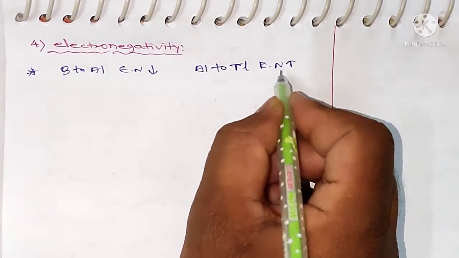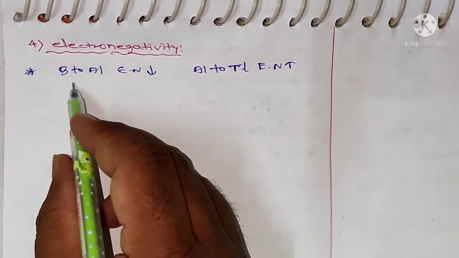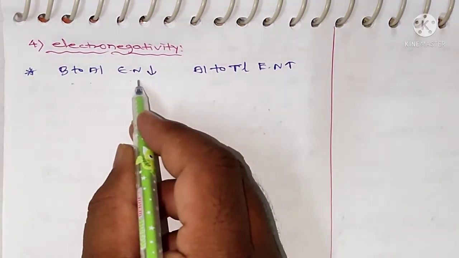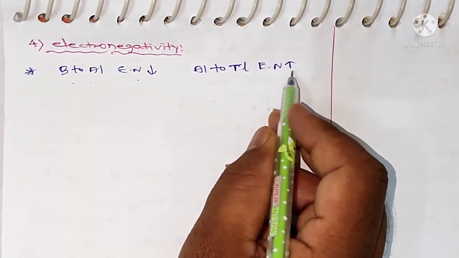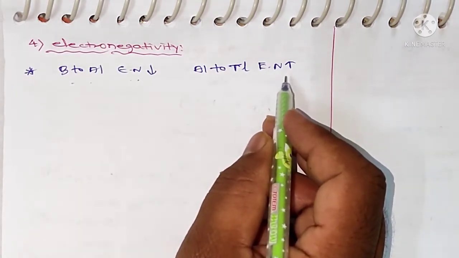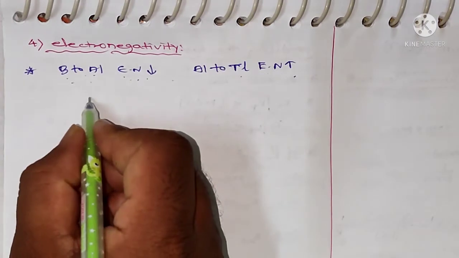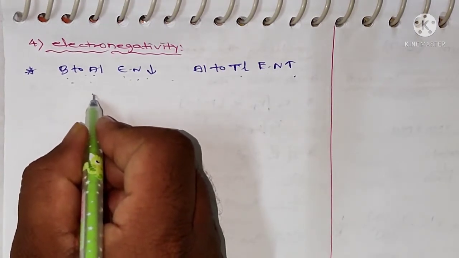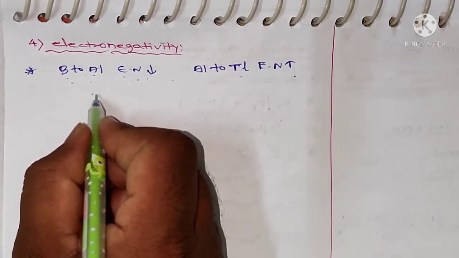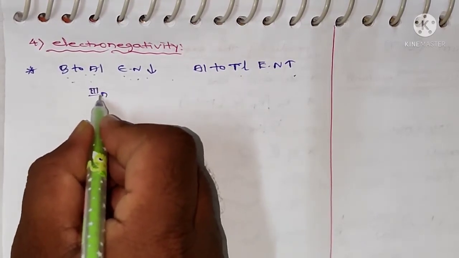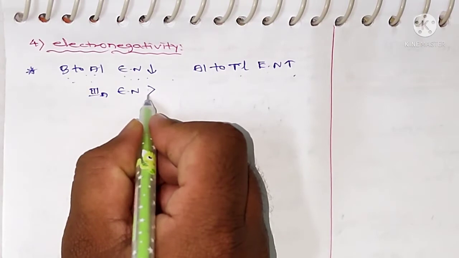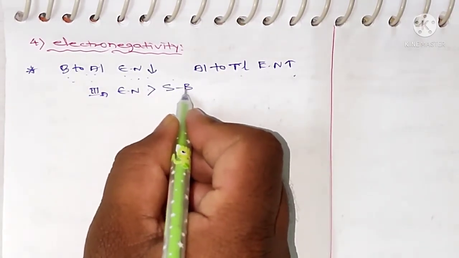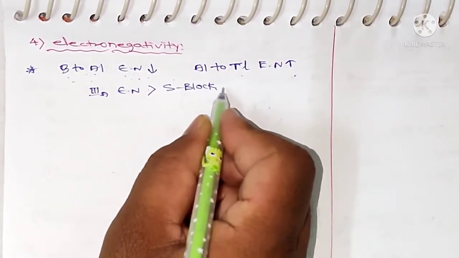The electronegativity of the boron family, the third A group, is more than that of the s block elements.